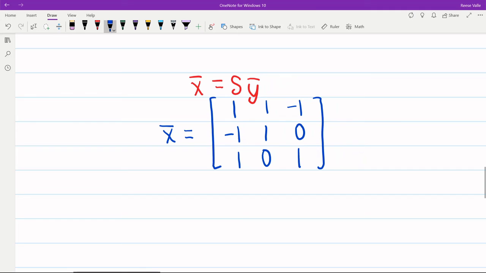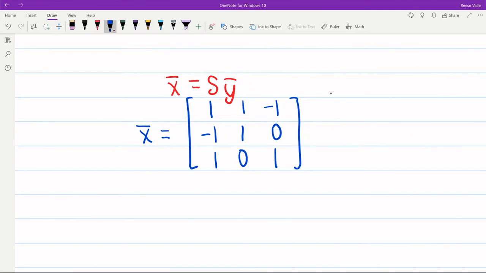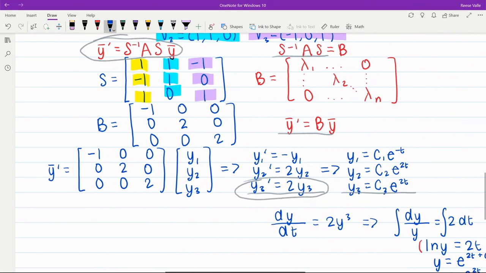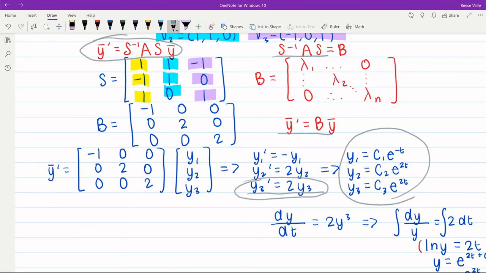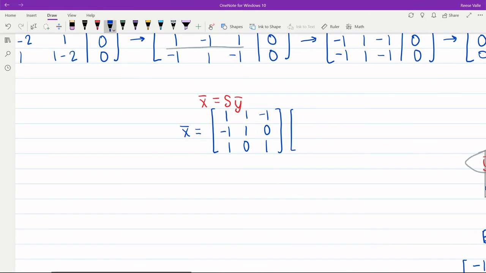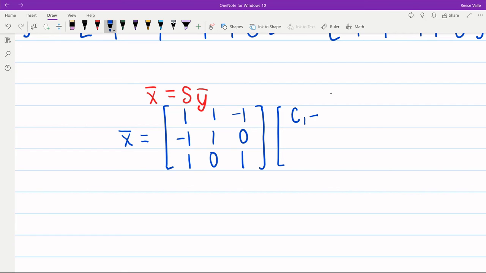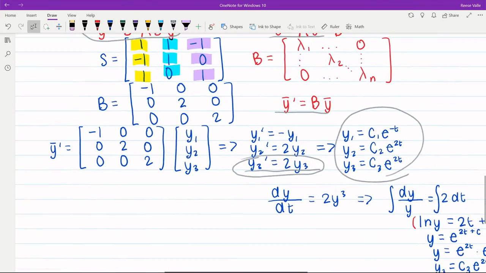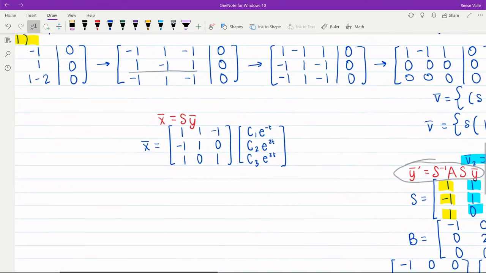And then you multiply that by the y vector that we just found: c1 e to the -t, c2 e to the 2t, c3 e to the 2t. I'm just going to make sure that I wrote this all correctly. That looks right to me so far.